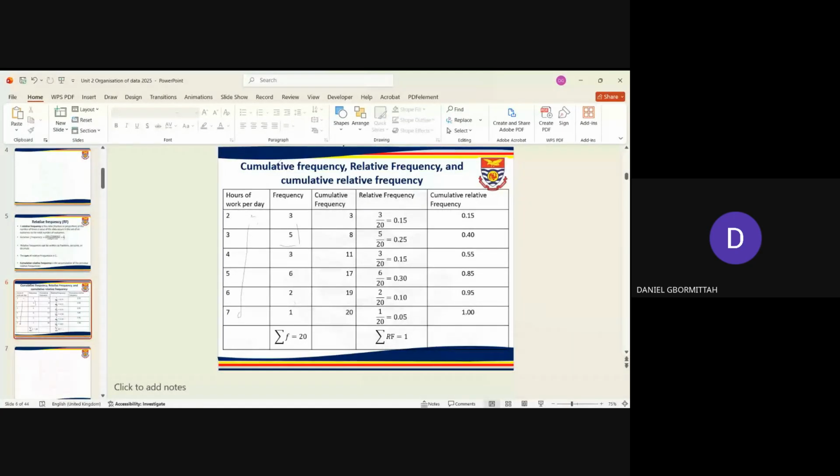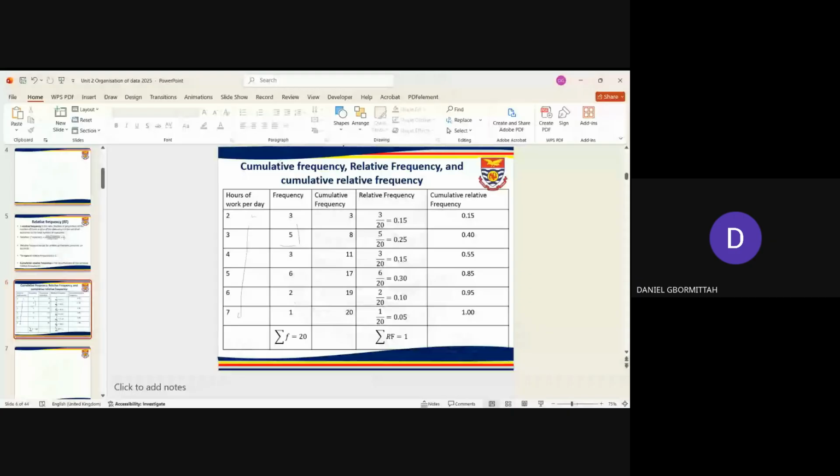various category of classes. So let's say hours per day, you get 20. So these 20 that we have here, we are going to now divide each of the frequencies by these 20.